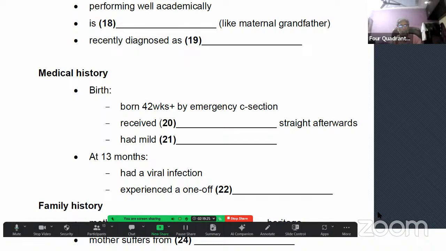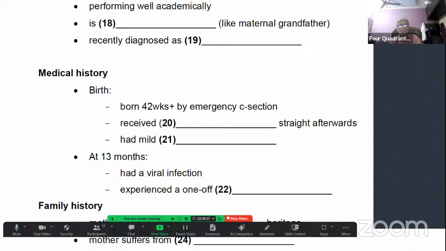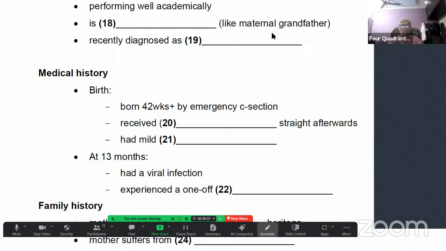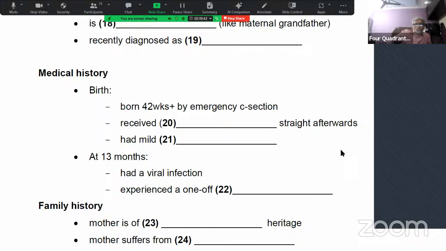Okay, fine. So question number 22. Experienced a one-off dash. Something. At 13 months, experienced a one-off dash.